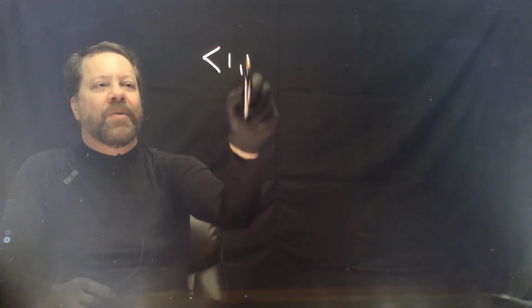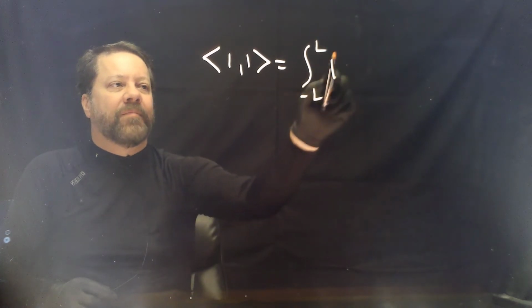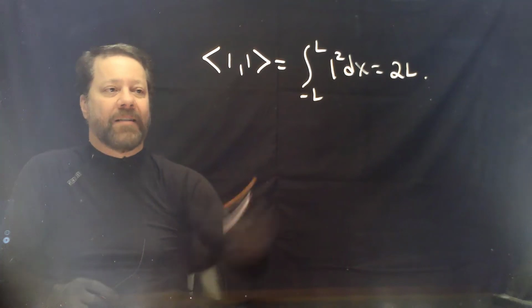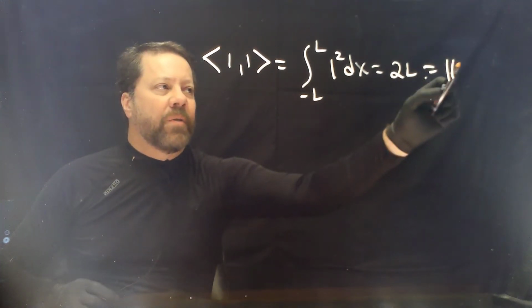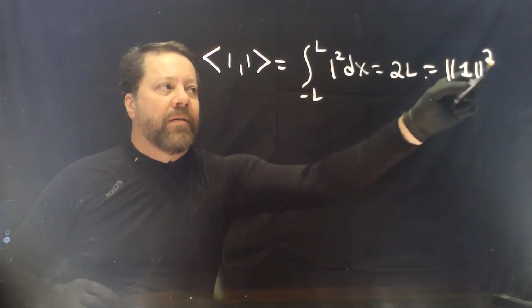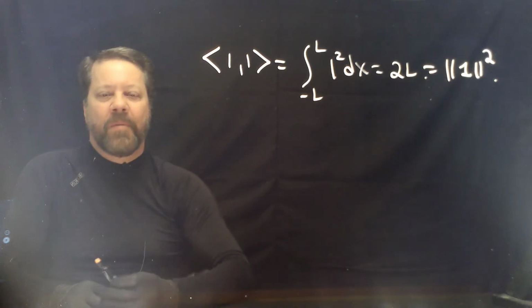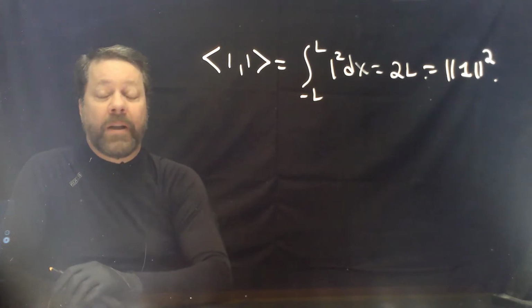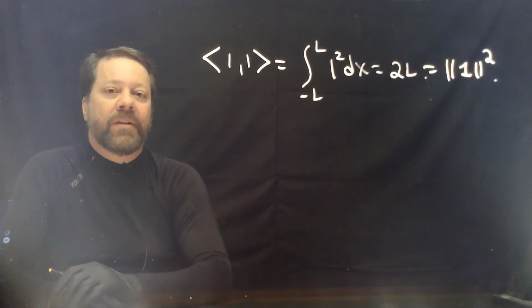We can prove orthogonality in much the same way that we did in the last lecture. What is needed is normalization. So in particular, when we take the inner product of 1 with 1, we get 2L. Note that this is the norm of 1 squared, which means to normalize, we need to divide by the square root of 2L.